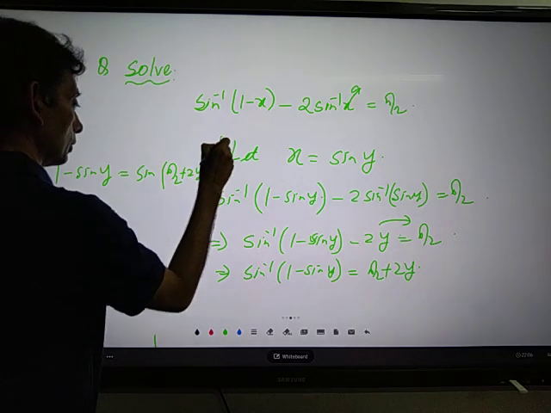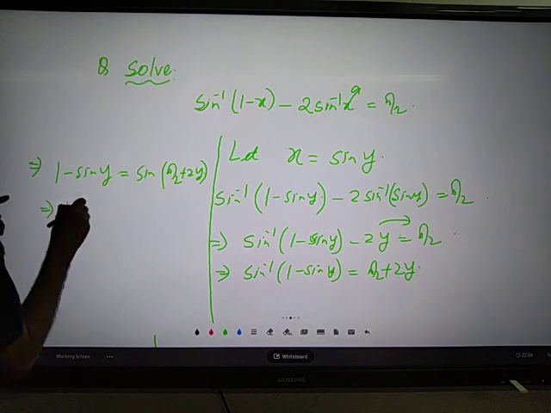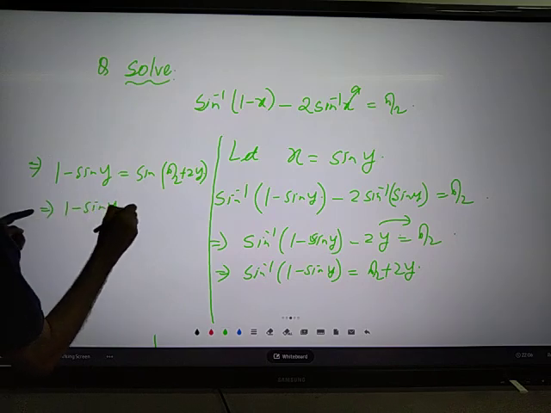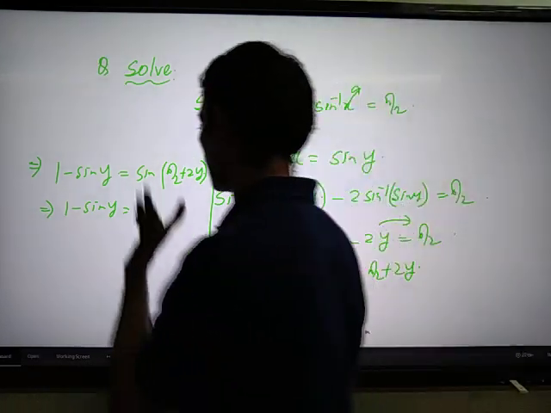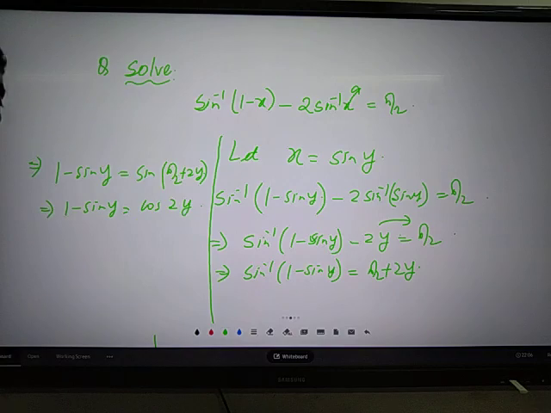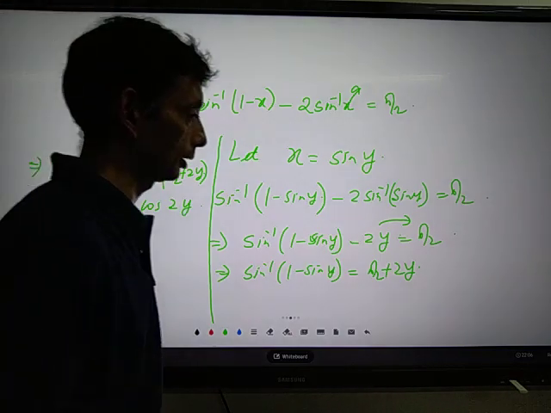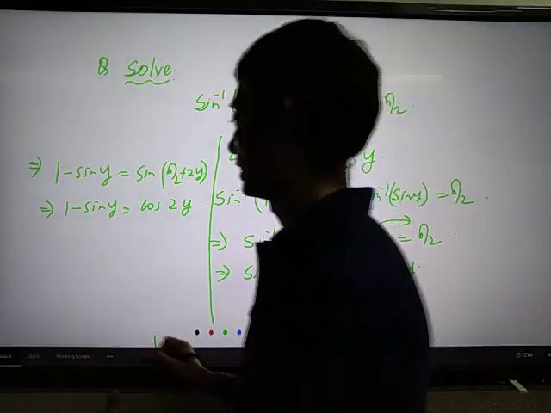Done. What are the next steps? Sine of (pi by 2 plus theta) is equal to cos theta, so this is cos 2y. I hope that by this time you have done this.